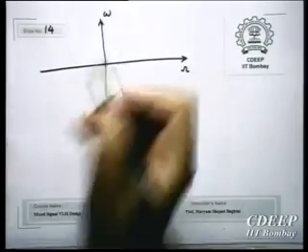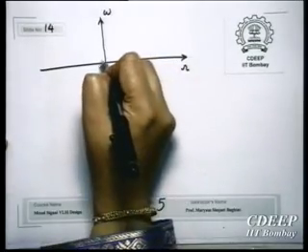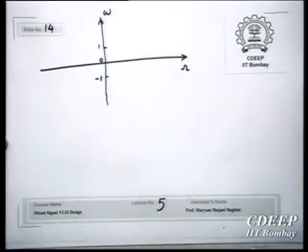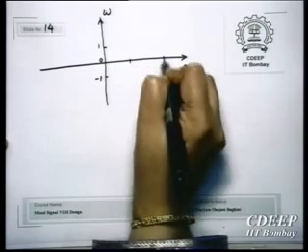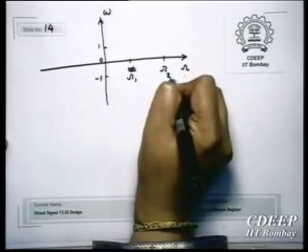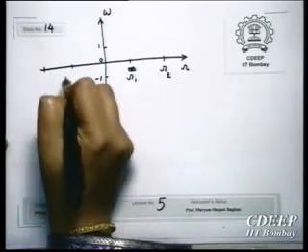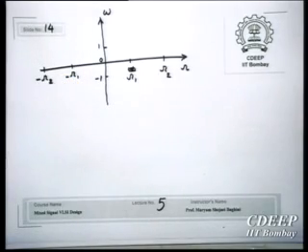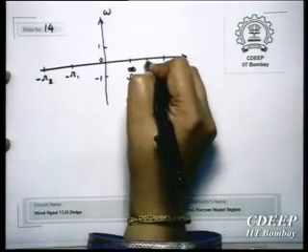This is the band I had for the low pass filter, and this is the band I have now: omega 1, omega 2, and of course minus omega 1, minus omega 2.